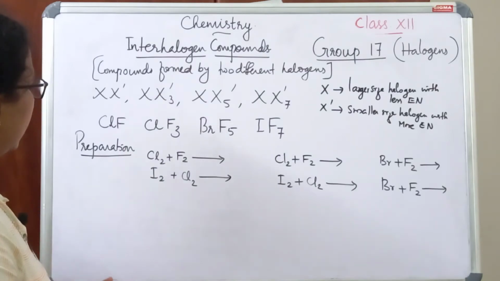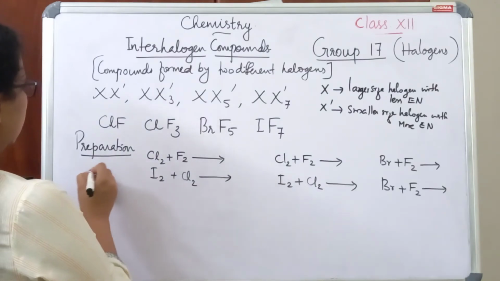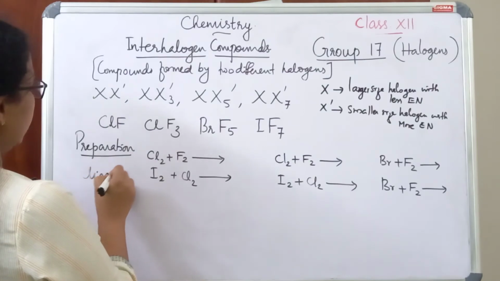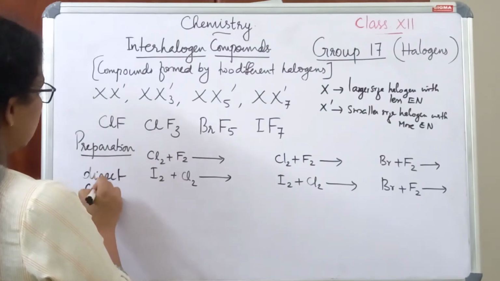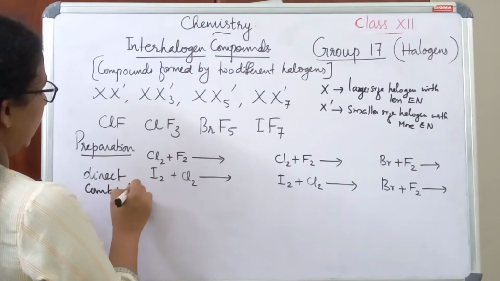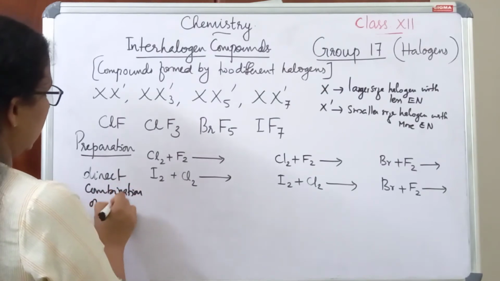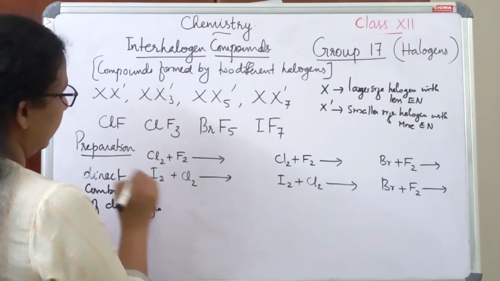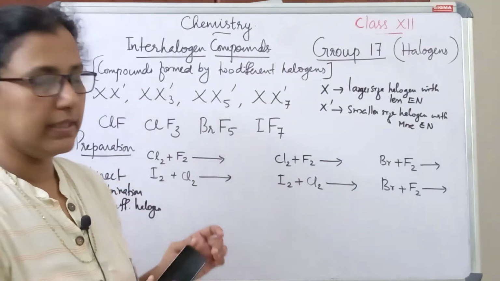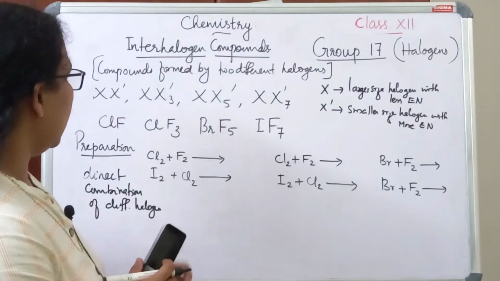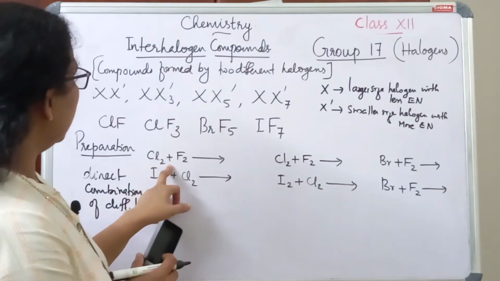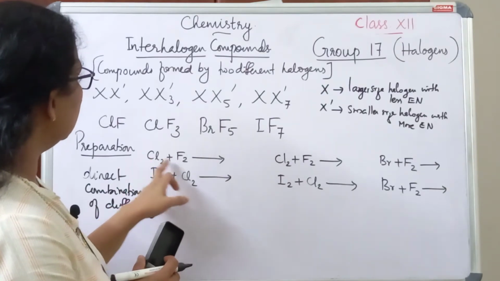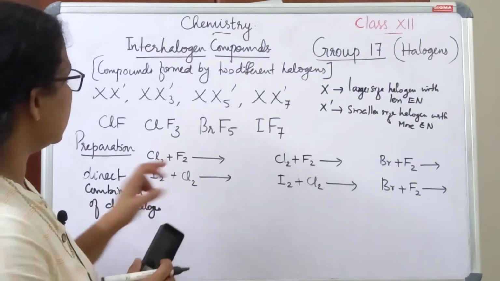Now let's see the preparation. So preparation is actually the direct combination of different halogens. So by direct combination of different halogens, we can prepare interhalogen compounds. So these equations are important. So Cl2 plus F2 and I2 plus Cl2.